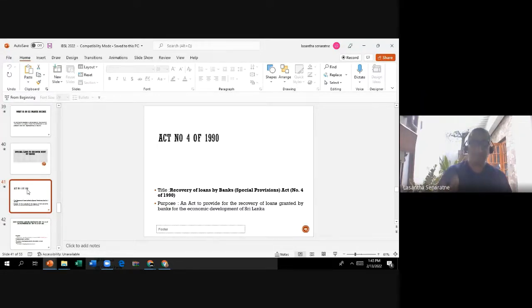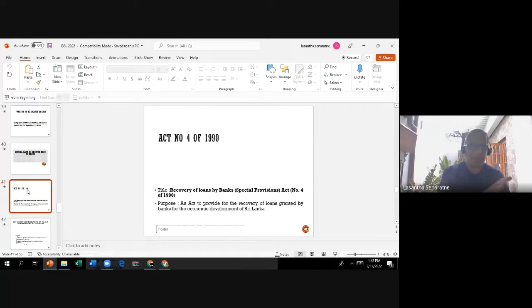As a result, within 1 year you will be able to recover the outstandings or come to a judgment, right? And when you get the money within 1 year, once again you can use that money for economic development, or you can use that for further lending. So that is why this act was introduced.